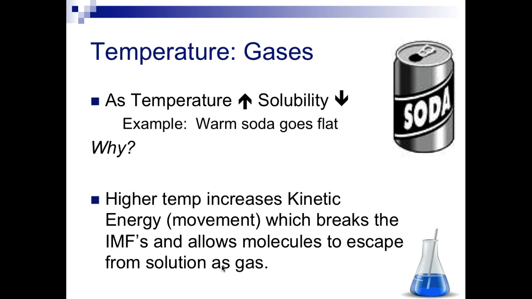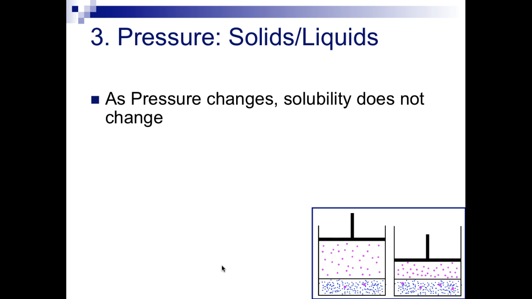So the intermolecular forces that are holding those molecules close together are going to become less and they're not going to be as strong. And so that gas will leave. And that's why your soda becomes flat.